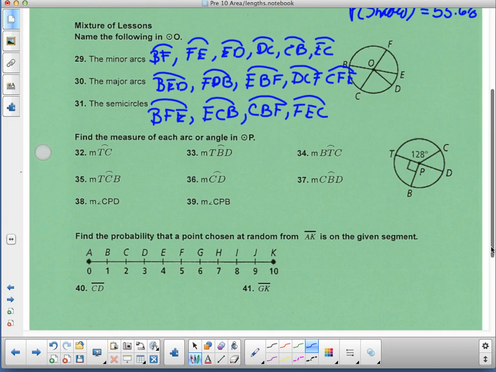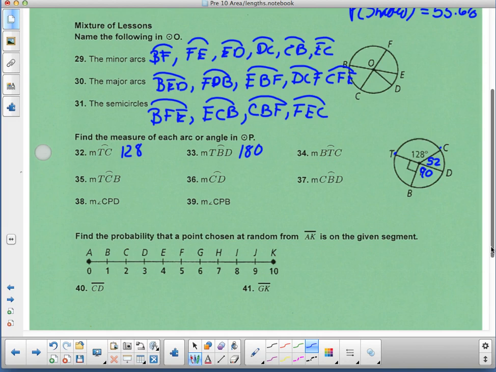Now, on this next one, 32 is 128. Okay, that's TC, and I go TC, that's straight up. And if that's 128, then I've got this is 52. This is also 90. Okay, when we're looking through, now I just add things up. TBD is 180.